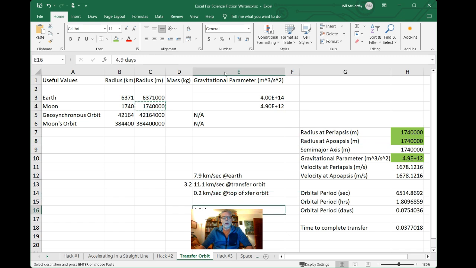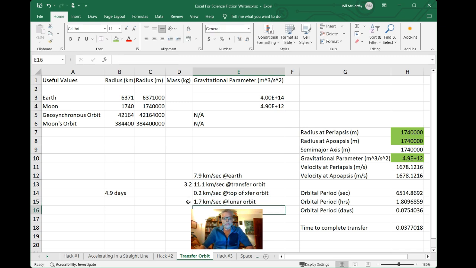Now, let me move this over here so it's not in our way. Now, this tells us that the velocity that we're going at the moon, when we're orbiting the moon, is about 1.7 kilometers per second at lunar.